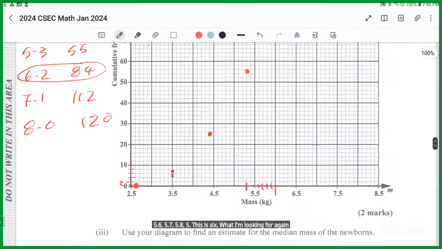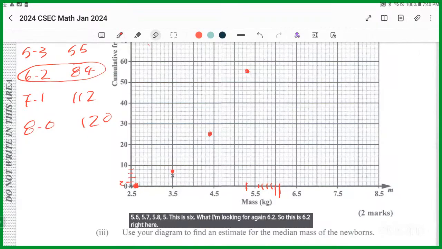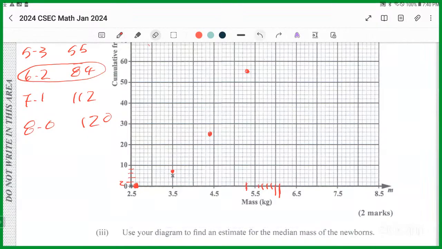So this is 6.2 right here. 6.3, 6.4, somewhere around. That's not 6.2. Something is wrong. Make sure I get it right, guys. 5.6, 5.7, 5.8, 5.9, 6, 6.1, 6.2, 6.3, 6.4. All right, good. So this is 6.2.